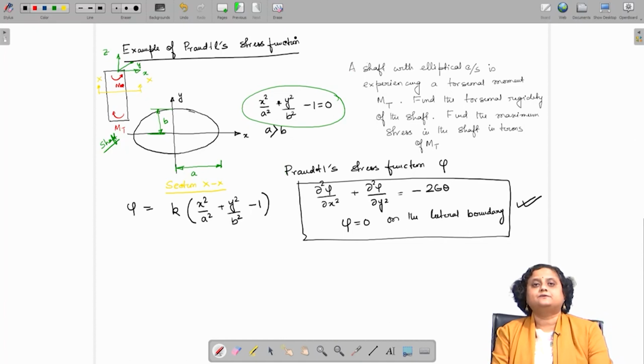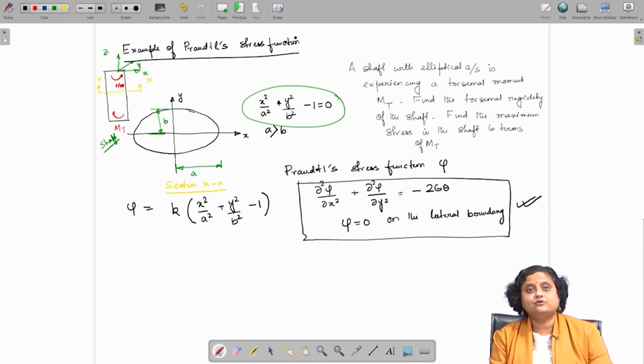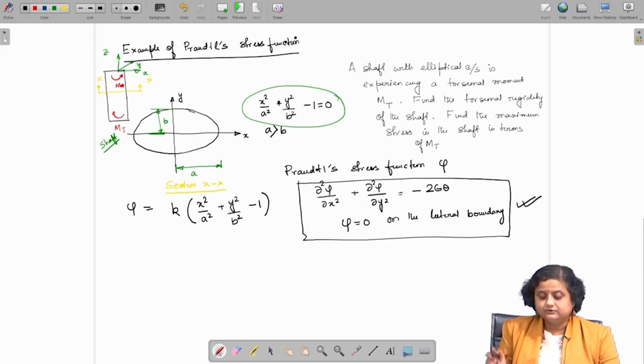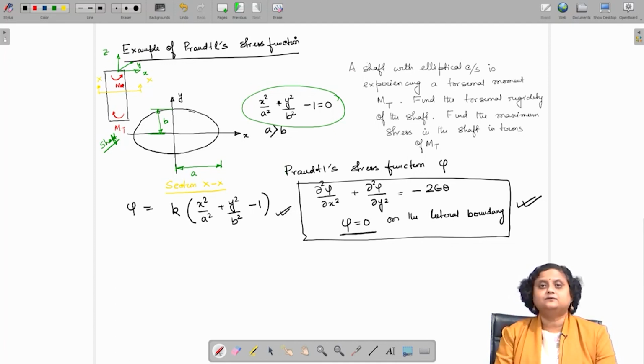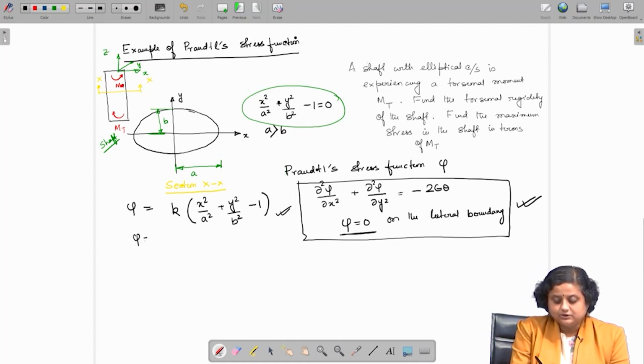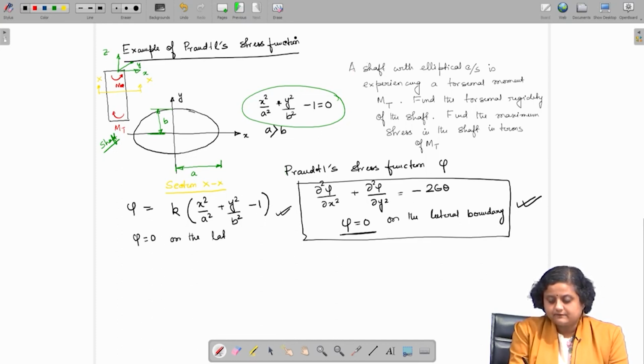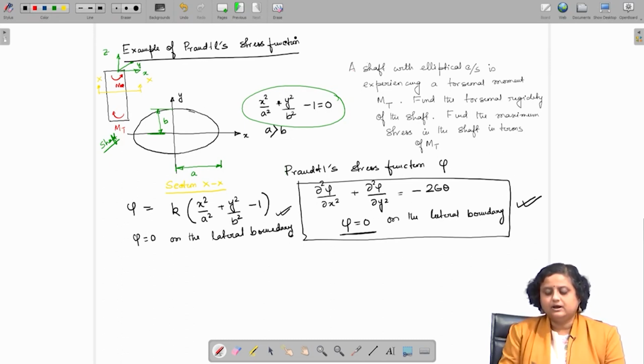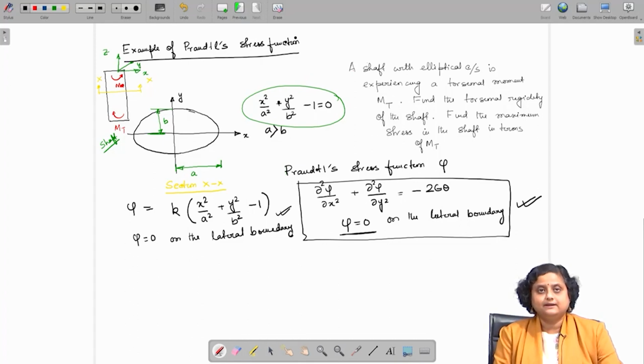Let us assume the stress function is of this form. Why have I done that? Because this expression directly satisfies this criteria. Because it is the equation of the ellipse, it directly satisfies that phi is equal to 0 on the lateral boundary. I don't have to put any effort. So, one criteria is satisfied.